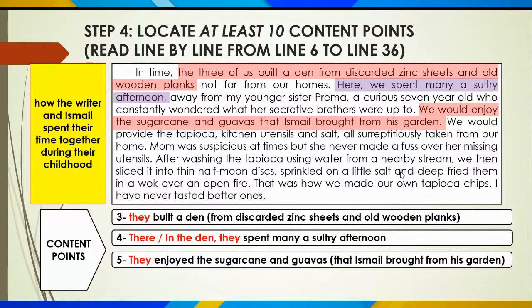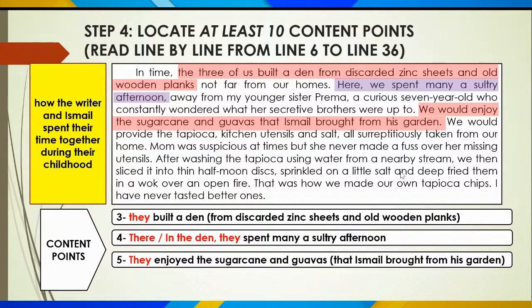Okay, until now, it seems like this is how they spend their time together, betul? But continue reading first. The next sentence. "That was how we made our tapioca chips." So just now, all the actions above are actually explaining this part. They are making their own tapioca chips.